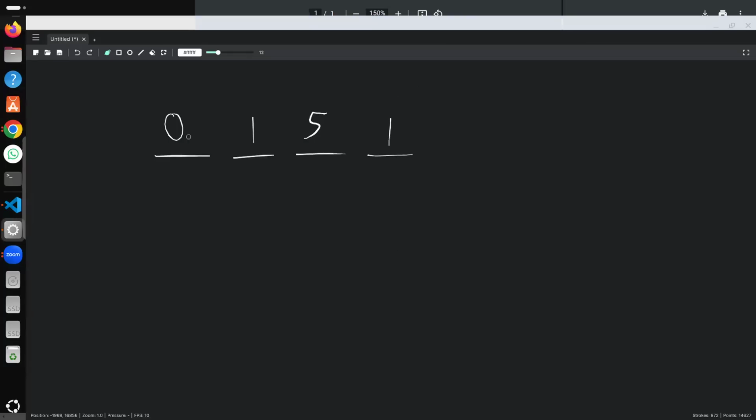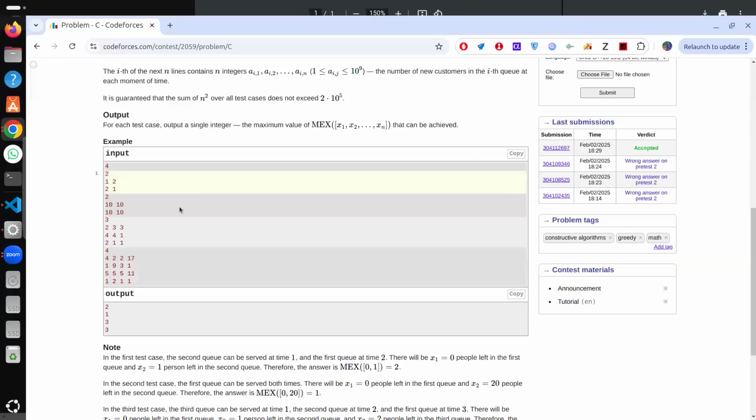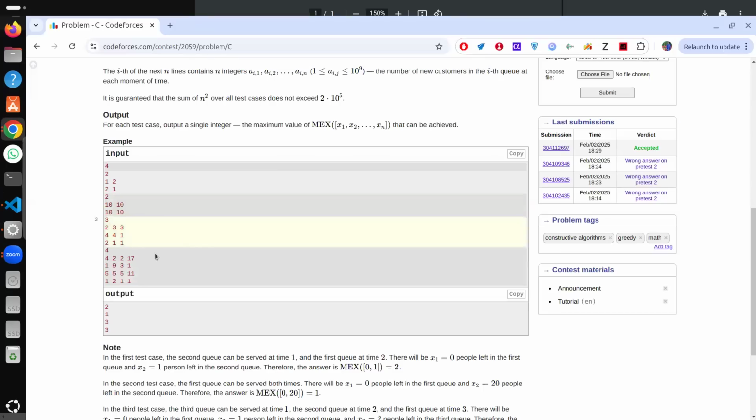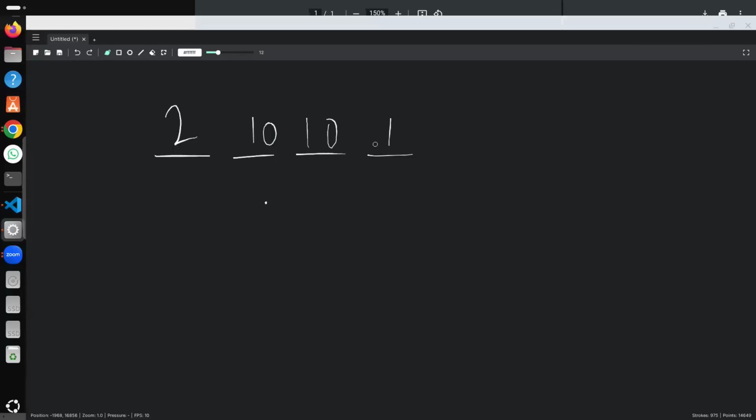So we just add: 2, then 1 plus 9 is 10, then 5 plus 5 is 10, and the last 1 plus 2 becomes 3.